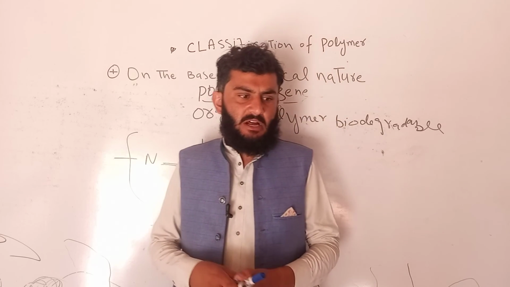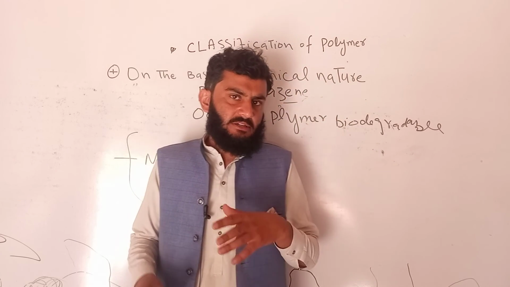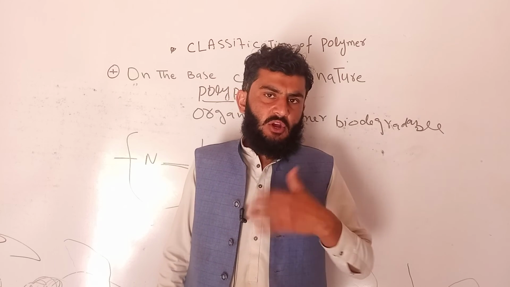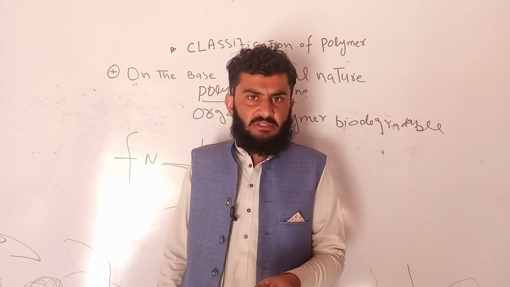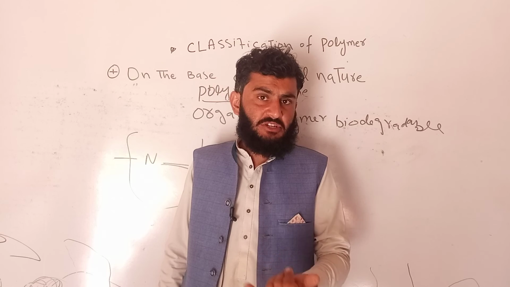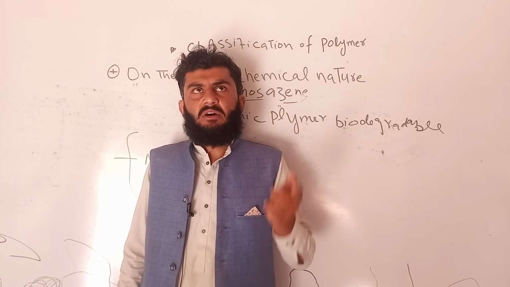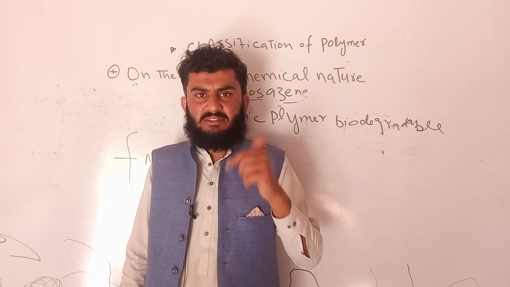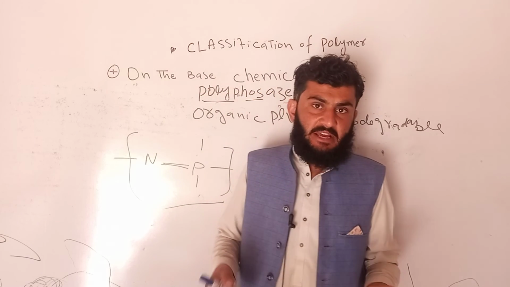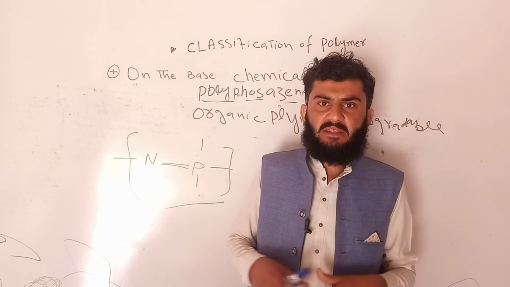Clear? Another form of polymer is inorganic polymer. Inorganic polymers are those whose main skeleton is composed of phosphorus, silicon, oxygen, except carbon. Clear?